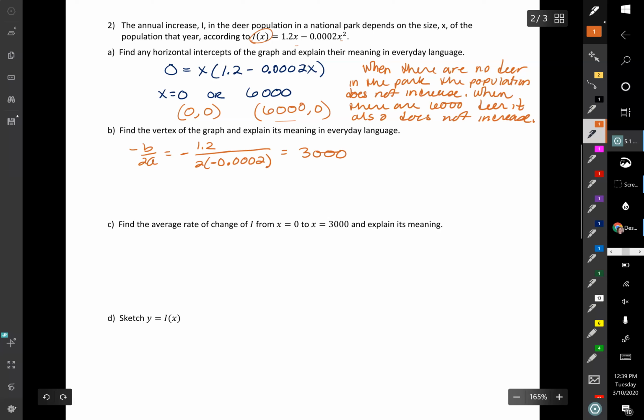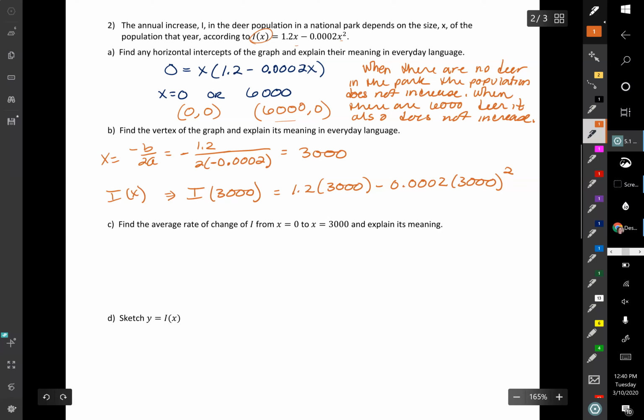So that's when we're going to have the maximum increase, when we have 3,000 deer. That's just giving us the x value. If we want to know I of x, we would need to put the 3,000 in for x. So we're going to find I of 3,000, which will be 1.2 times 3,000 minus 0.0002 times 3,000 squared.